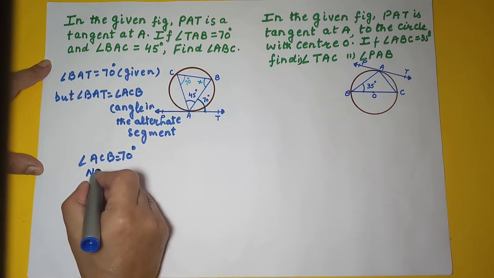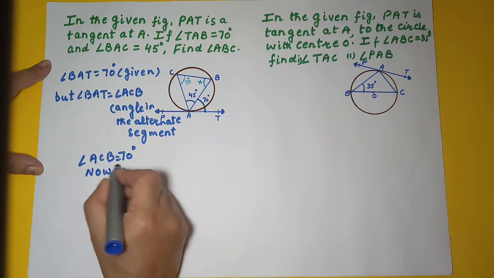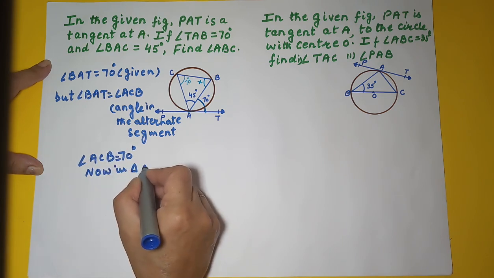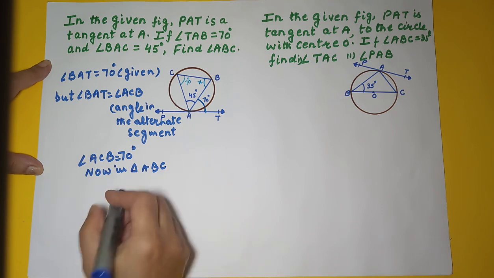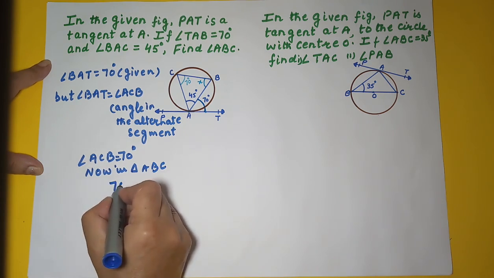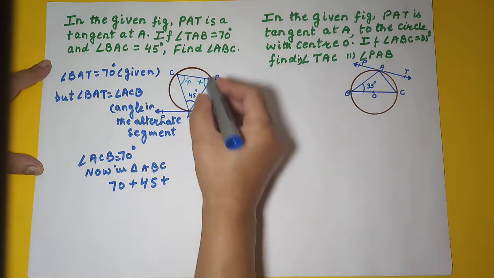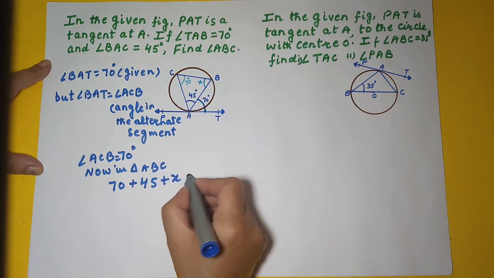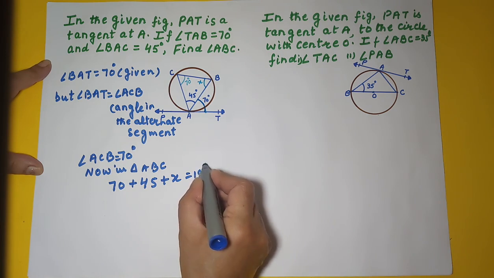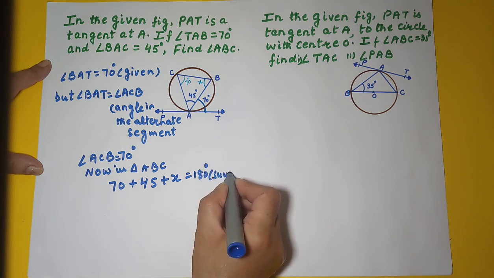Now you can consider triangle ABC. In this triangle, one angle is 70, another is 45, and the angle that you have to calculate is X, which is equal to 180 degrees. Sum of the angles of a triangle.